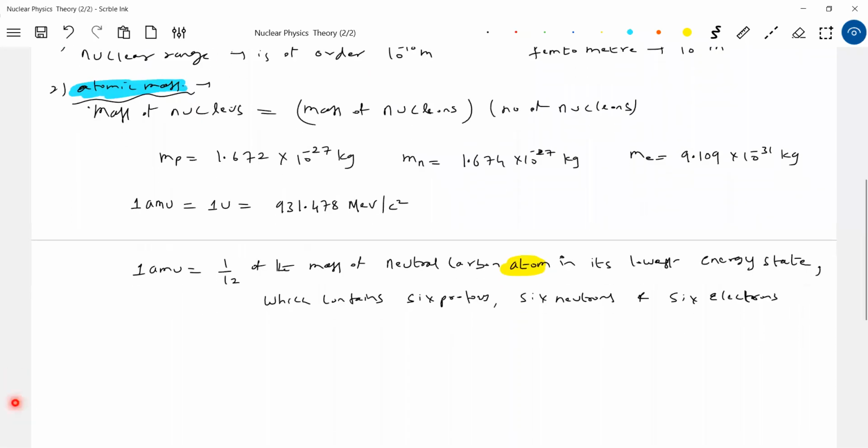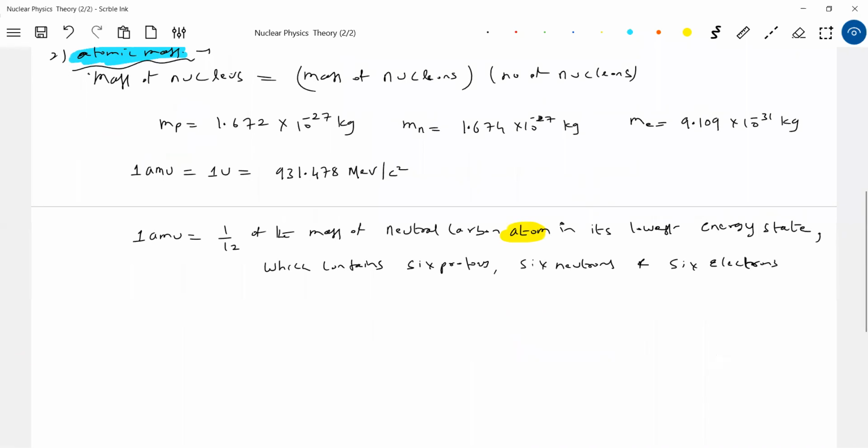After this, what about the protons and neutrons? How will they be?